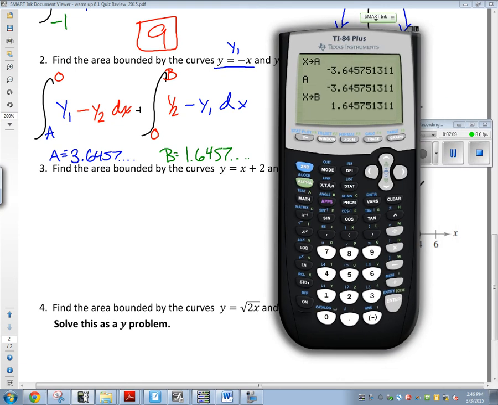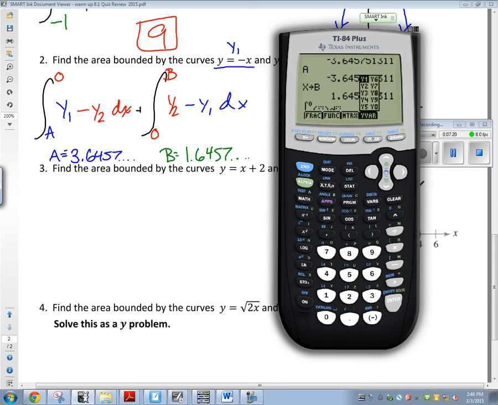So math 9. I want to go from A to 0, y1 minus y2. So alpha f4, y1 minus alpha f4, y2, dx.